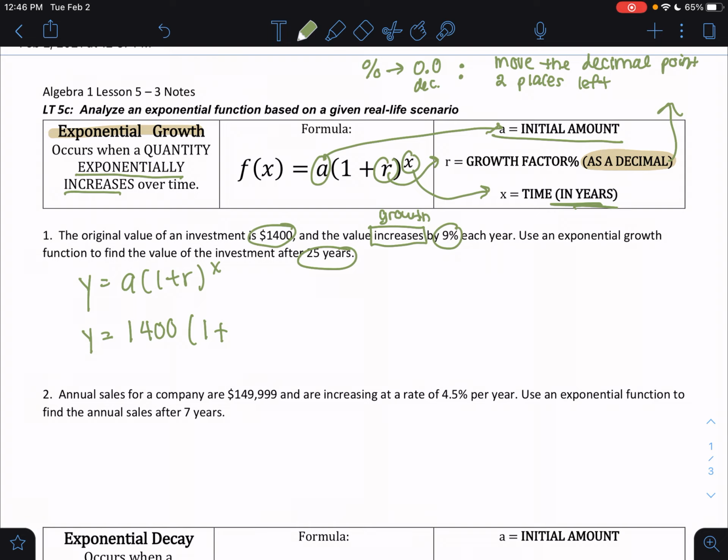So r is the growth factor as a decimal. So it says 9%, and 9% as a decimal, if you move it over 2 places, is 0.09. And then we have to the x. So x is our time in years. So this would be the formula that we would write out, and now they want us to find after 25 years. So now we're going to replace that x with 25.